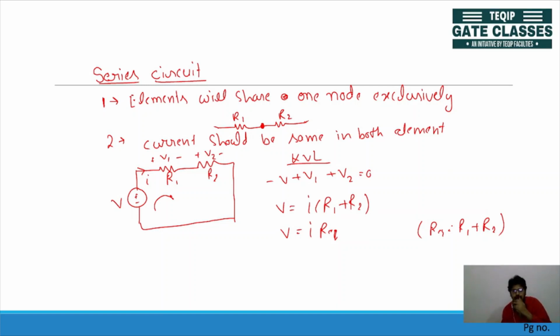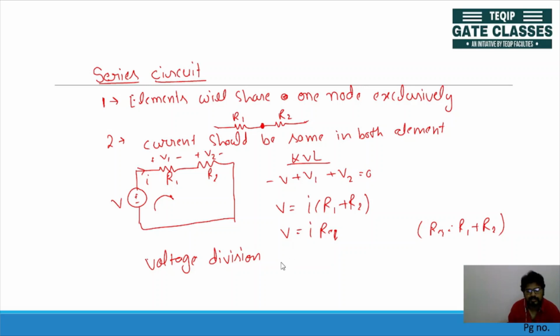Okay, so let's talk about the voltage division rule. We generally call it the voltage division rule. In a series circuit the current is the same, but the voltage is divided across both resistances. That is, if V is the source voltage, then what fraction of voltage is across R1 and what fraction of voltage is across R2?